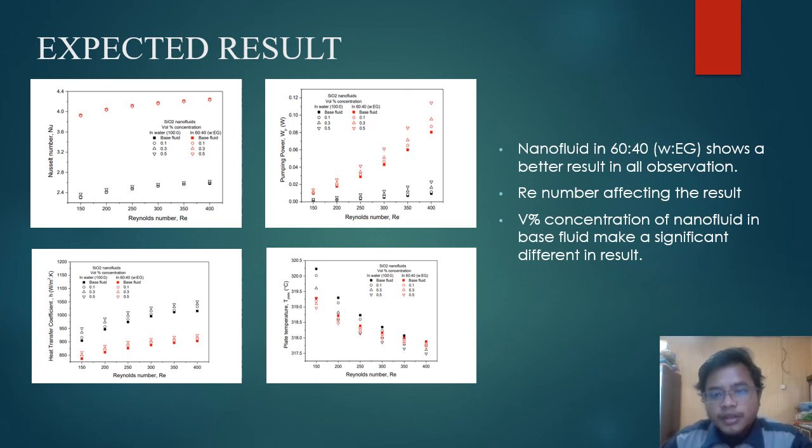The nanofluid in a 60 to 40 ratio water ethylene glycol shows a better result in the observation. The Reynolds number also affects the result. The volume percentage concentration of nanofluid in a base fluid makes a significant difference in the final result.